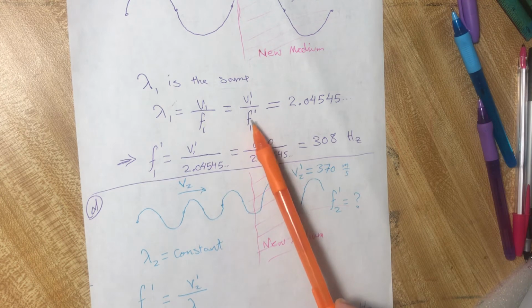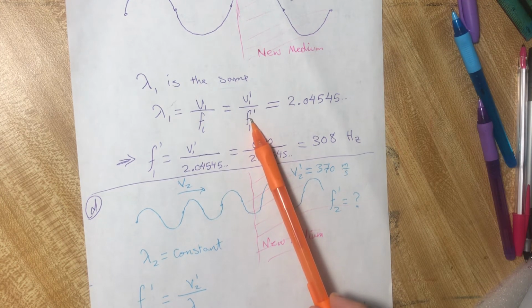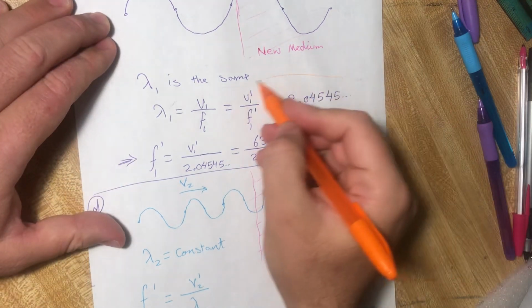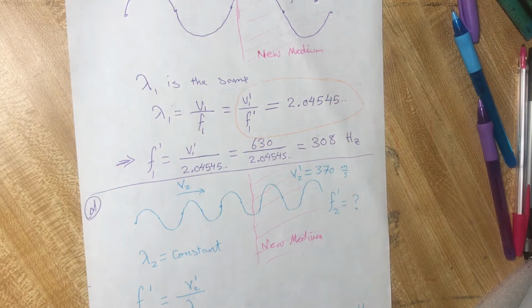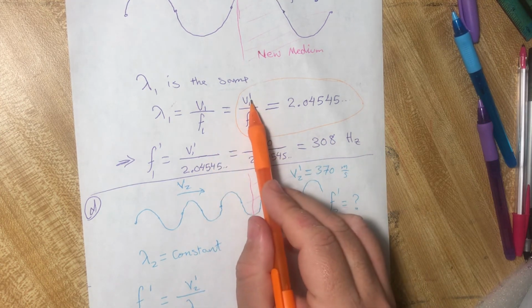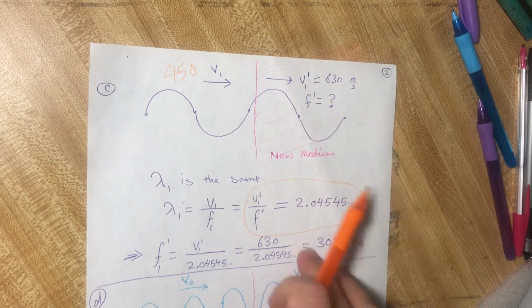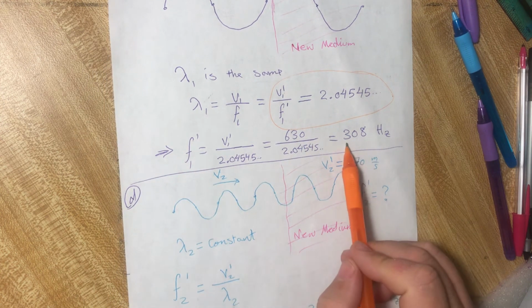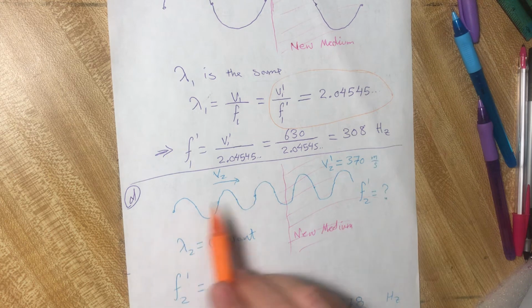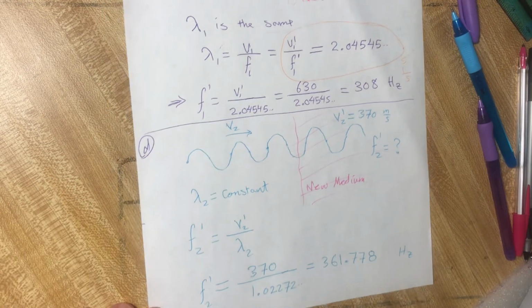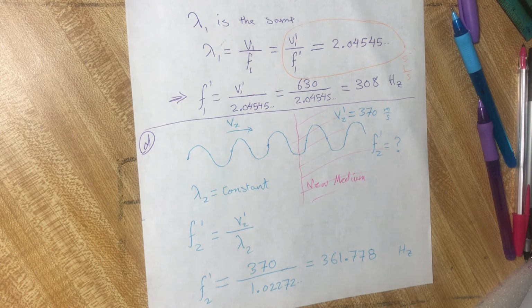So the final frequency will be equal to v1 prime over the wavelength, which is given 630. It will be 308 hertz, or 1 over second, or second to the minus 1. It is the same.